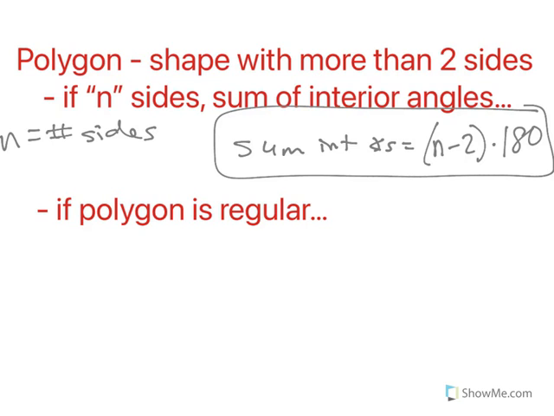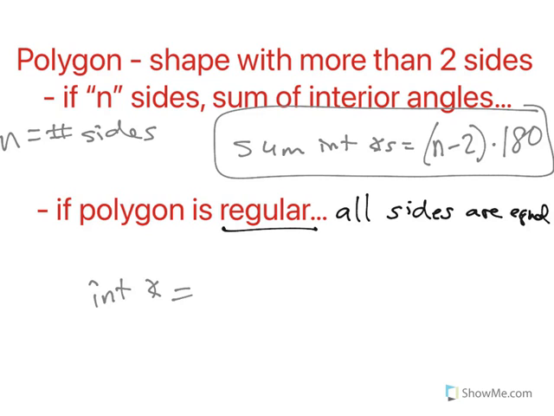The other thing we're going to use is, what if we have a regular polygon? One thing to note, a polygon is regular if all sides are equal. A square is a regular polygon because all 4 sides are the same. So if we know that a polygon is regular, then each interior angle can be found by taking S divided by n.